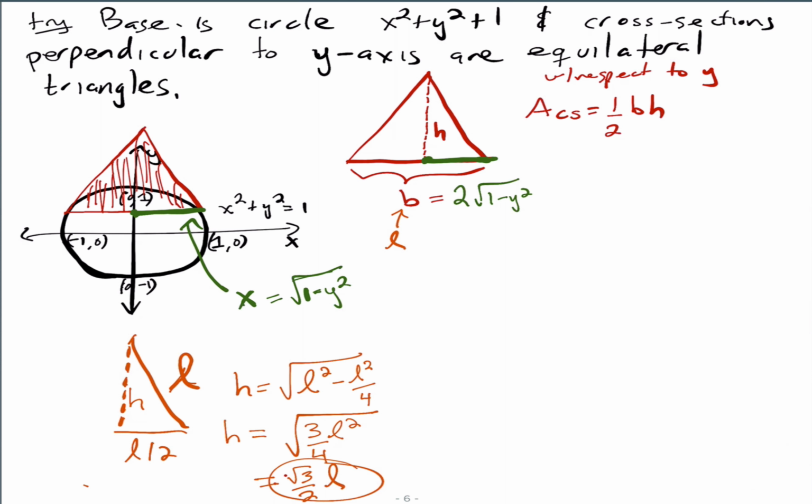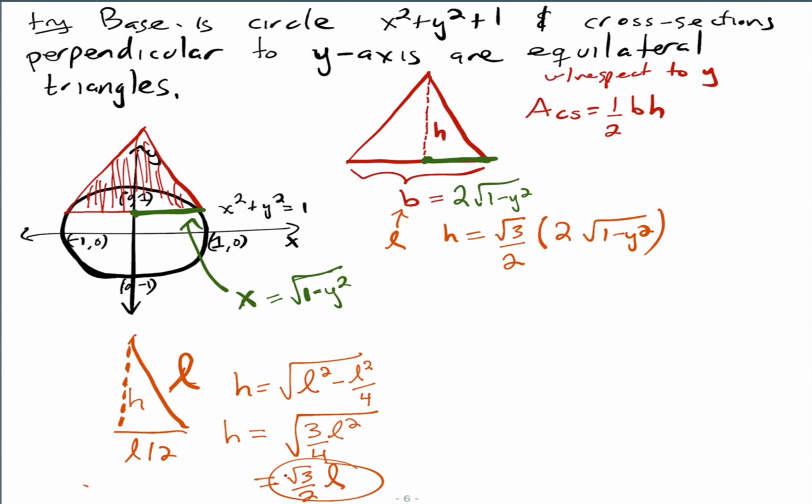But then, if H is equal to the square root of 3 over 2 L, then H is equal to the square root of 3 over 2 times what? Times 2 the square root of 1 minus y squared, right?